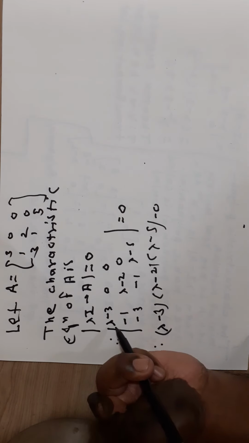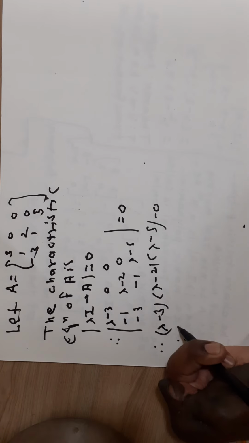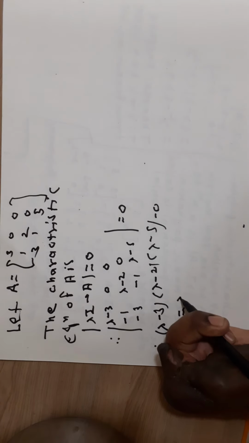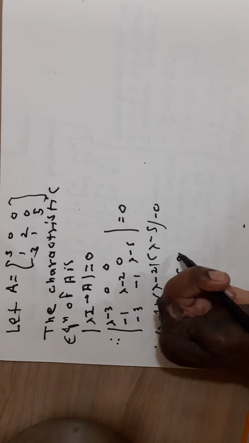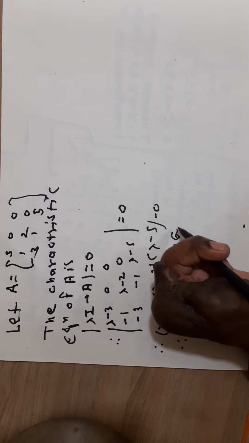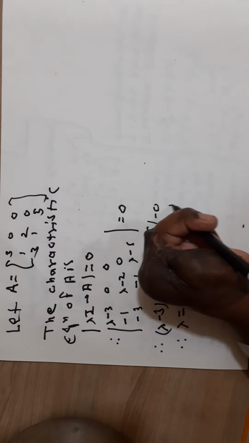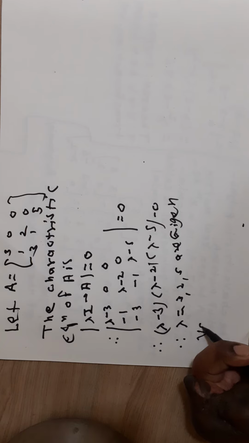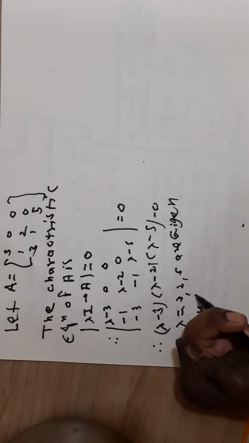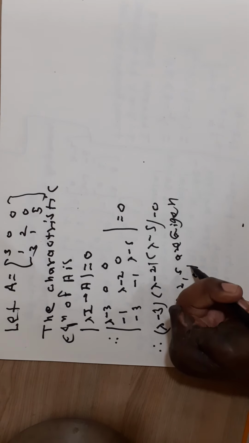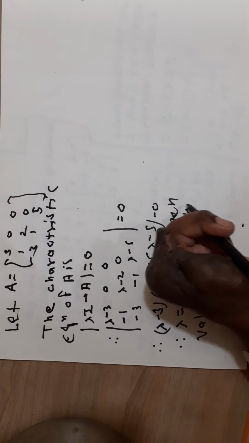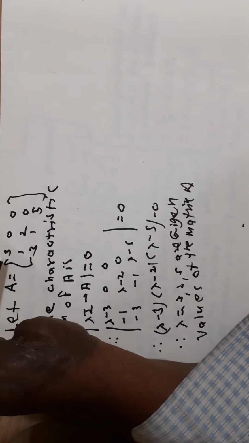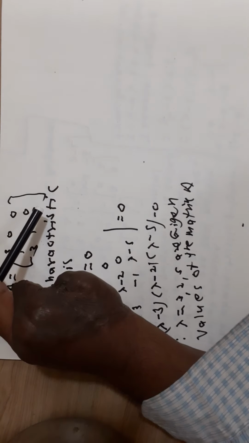Therefore lambda equal to 3, 2, 5 are the eigenvalues of the matrix A. If a matrix is lower triangular, then its eigenvalues are its diagonal entries.